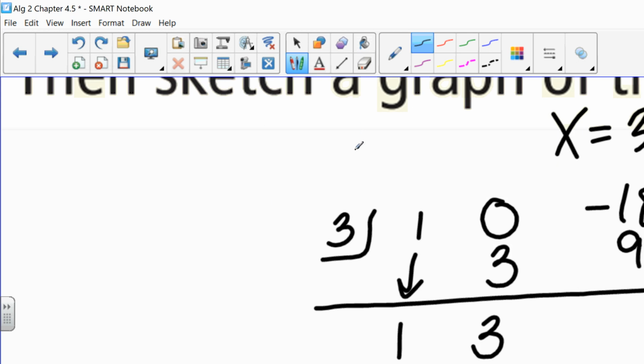Negative 18 plus 9 is negative 9. 3 times negative 9 is negative 27. 0 plus negative 27 is negative 27. And 3 times negative 27 is negative 81. And 81 plus negative 81 is 0.